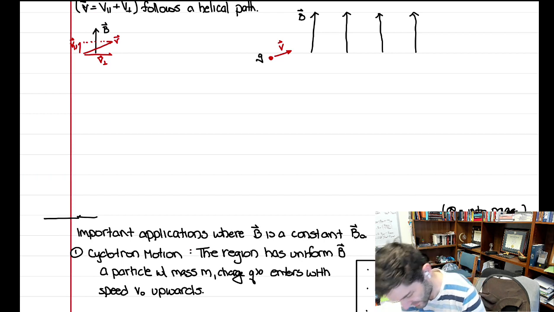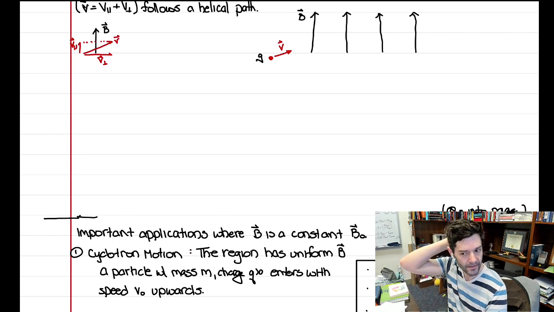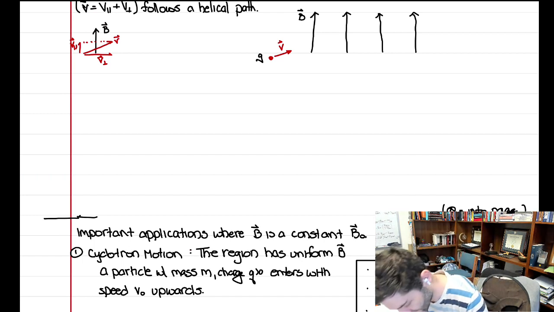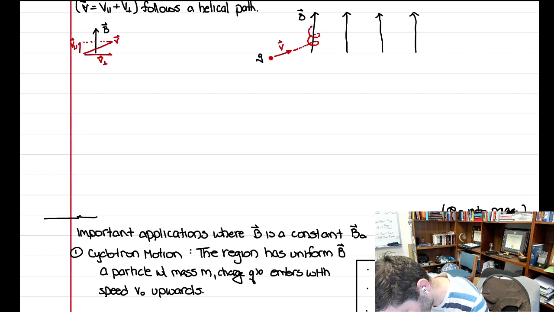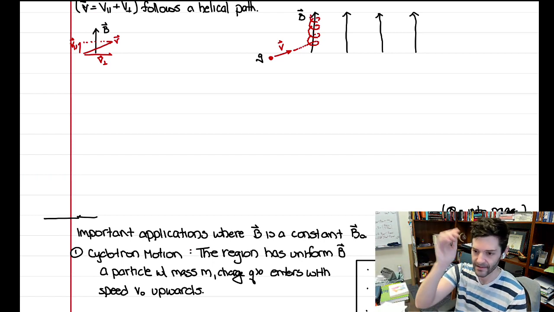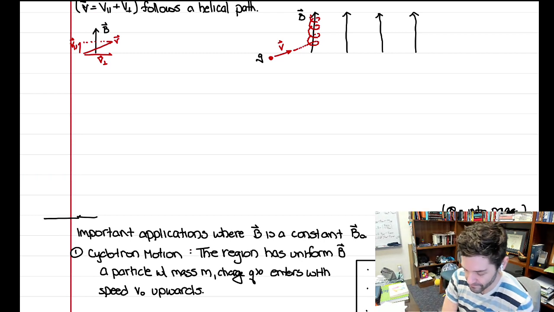What happens is that once it gets into the region of the magnetic field, a way you might picture this is that the charges kind of get locked to the field lines. So it ends up doing something like, my hand is really shaky today, something like that, or it ends up helically looping around a magnetic field line. You can think of it as looping around a magnetic field line.